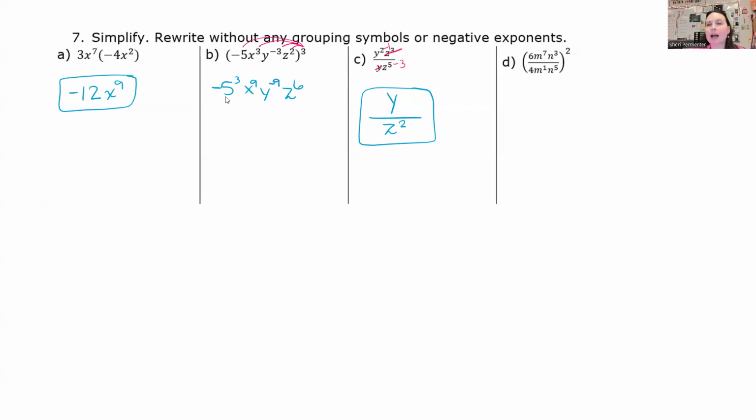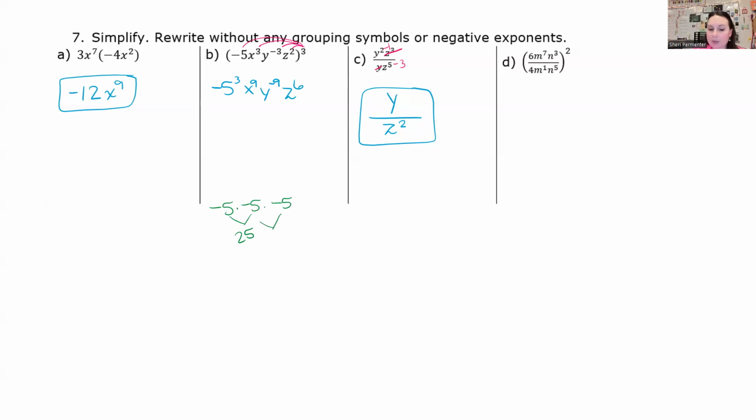So for this part, I could do it off to the side. It's -5 times -5 times -5. You've got 3 -5s. Well, what's -5 times -5? 25. Positive 25, yep. And then I'm going to have to multiply these two.